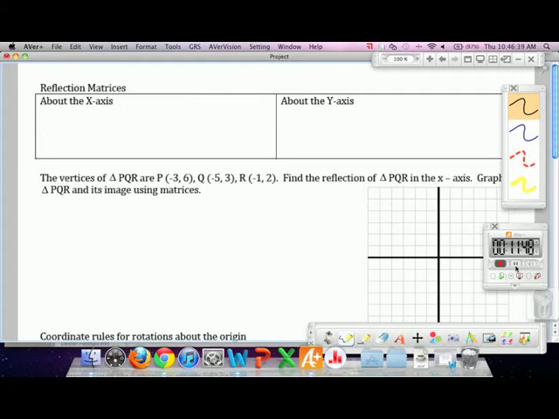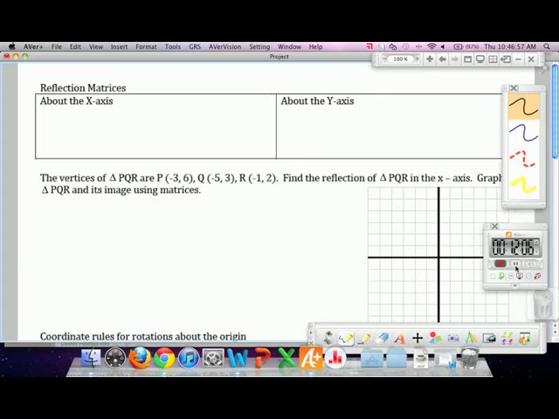When you need to reflect more than just a single point or 2 points, it can be much more efficient to represent your whole polygon as a matrix and apply a matrix rule to it. There are 2 rules for reflecting using a matrix.